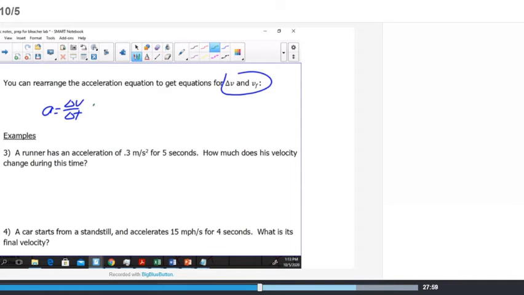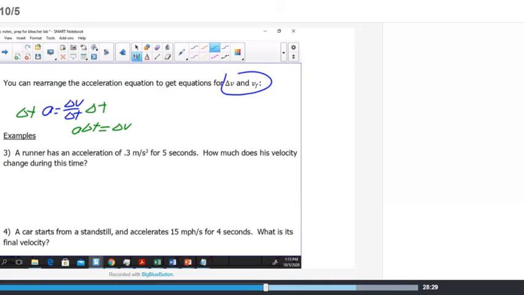Here we're dividing by delta T, so we do the opposite, which is to multiply by delta T. I do the same thing to both sides. This is why I went through all that math that one day. What's our operation? Division. We do the opposite, multiplication. We multiply one side, we got to multiply the other. What does that give us for an equation? a delta T equals delta V.